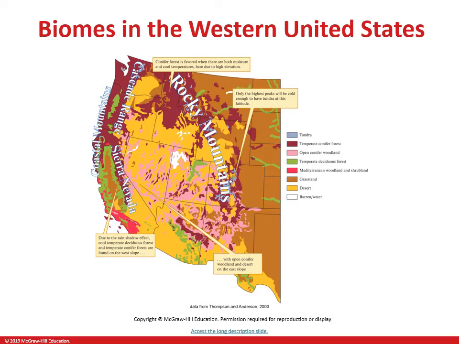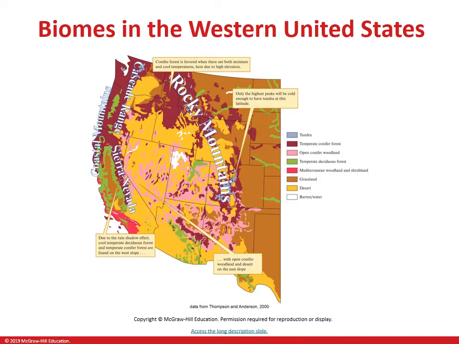Because of microclimate, when you have a lot of variation in elevation, you can find variation in the different types of vegetation growing in different areas. This is the figure out of your textbook showing the biomes in the western United States, and the biome map becomes quite complicated.